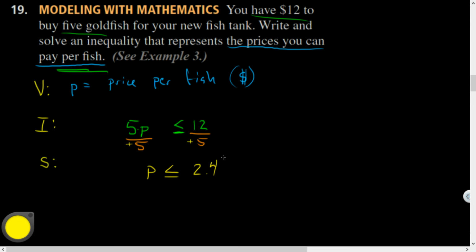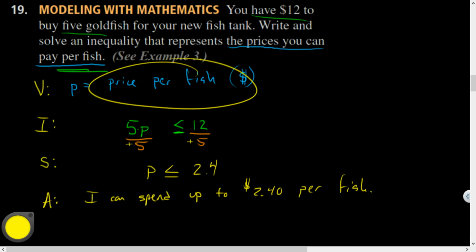So my answer is I can spend up to $2.40 per fish. When you write your answer, you're just combining your solution and the way you defined your variable. I'm taking the 2.4 and throwing those words in with that number, and it's answering itself.